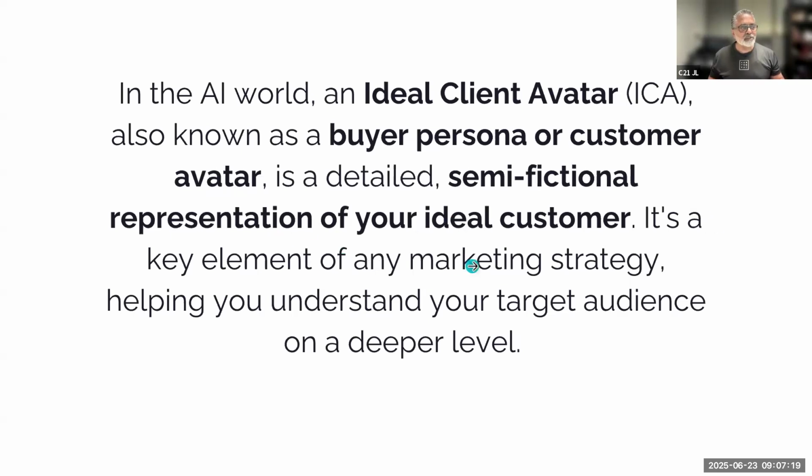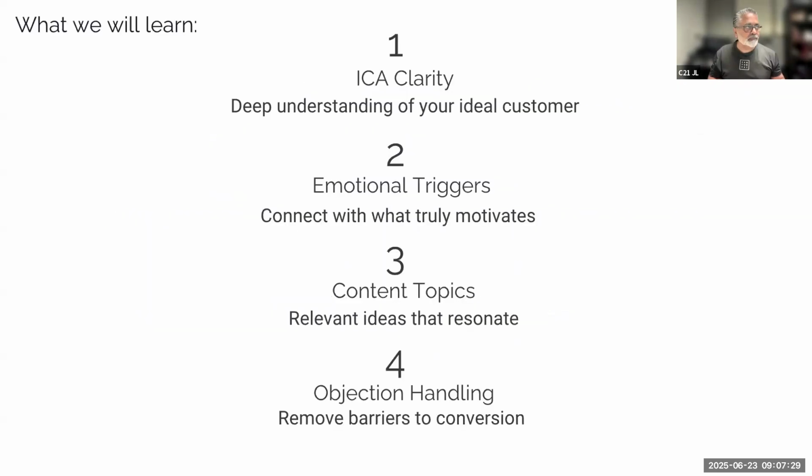It's a key element to any marketing strategy, helping you understand your perfect target audience at a deeper level. And trust me, it'll work. What we're going to go over today is clarifying who your ICA is, figuring out the emotional triggers, and figuring out the content topics that are relevant to them.